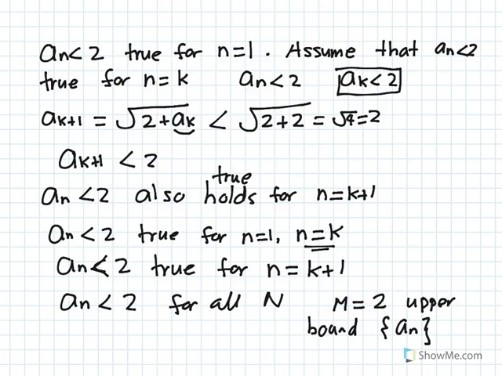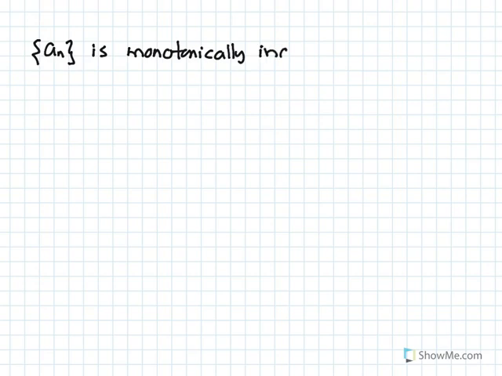Now, let's review what we've done. We've proven that the sequence a_n, in the first half proved by induction, is monotonically increasing. The second half, we proved that this sequence is bounded above by 2. It has an upper bound.